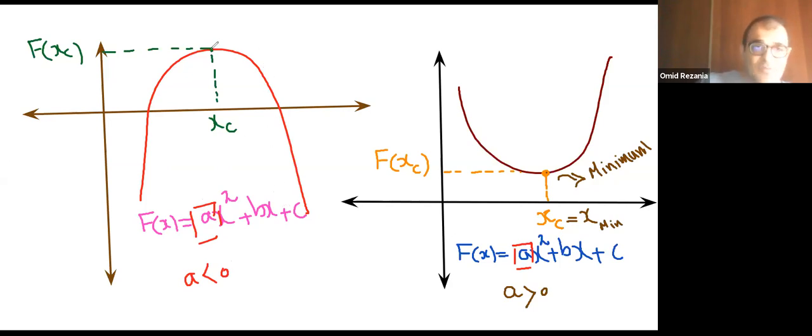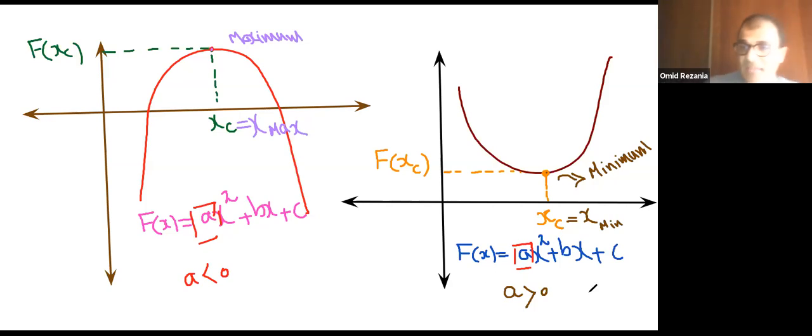In that case, we can call this point a maximum point because you are at the top of a hill, and xc is actually x of the max. These rules that we covered yesterday are very specific to quadratic functions. For higher level polynomials, we cannot use and apply them.